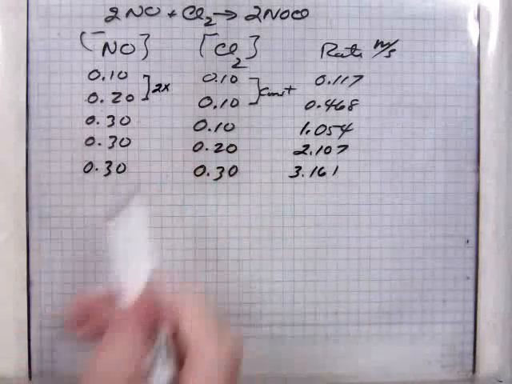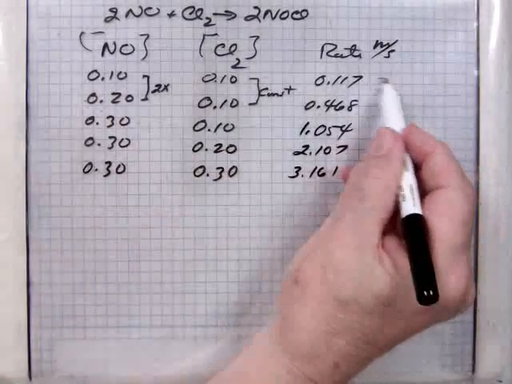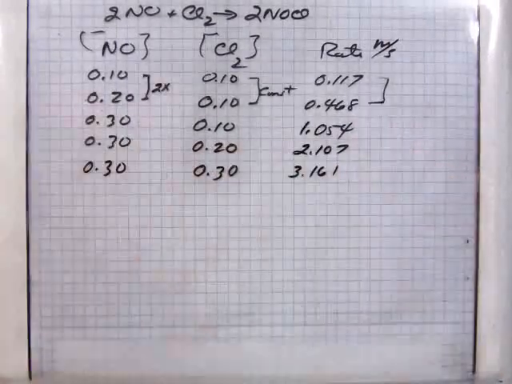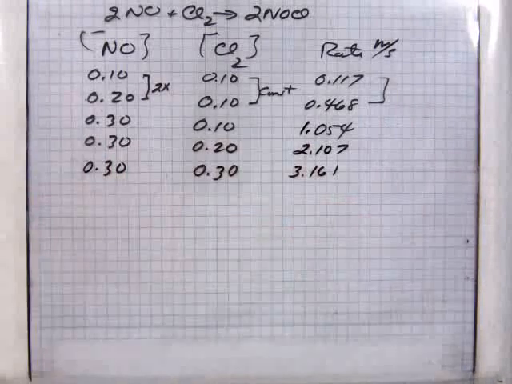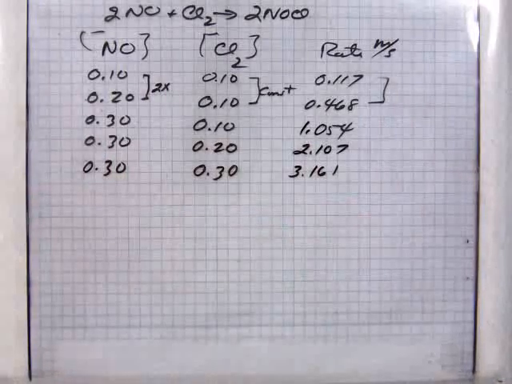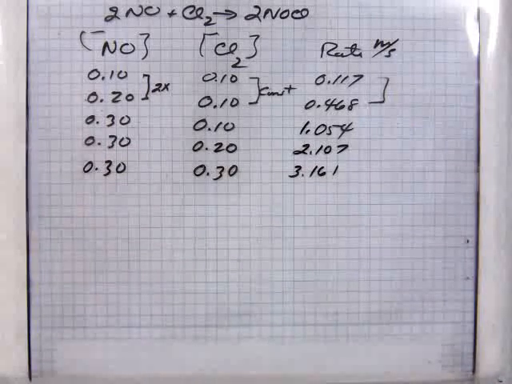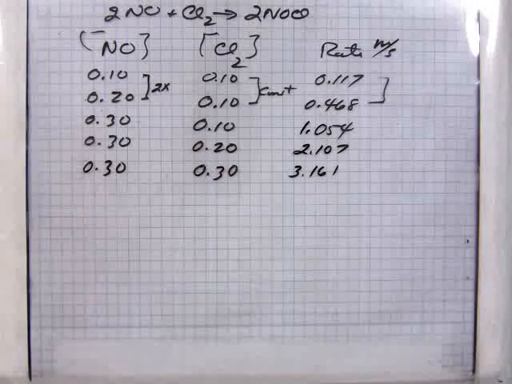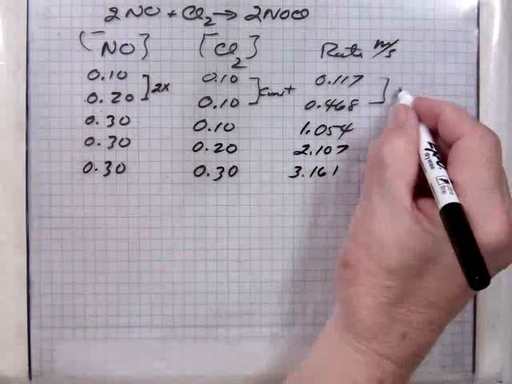And then when you determine the rate change, look at this. This is your reference, of course. Then you can say, okay, the rate increased by whatever, and so this is a first order, second order, whatever order reaction. So we take 0.468 divided by 0.117, and we see the differential here is 4.